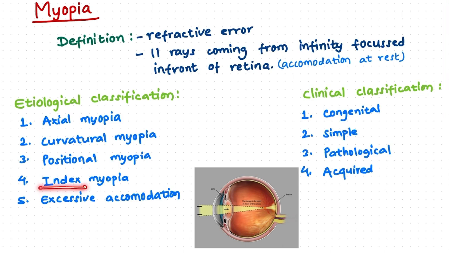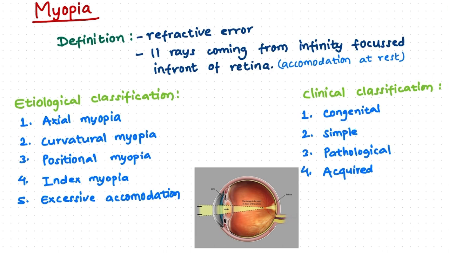Now index myopia. Index has to do with refractive index, right? When there is an increase in the refractive index of the crystalline lens, its convergence also increases, right?